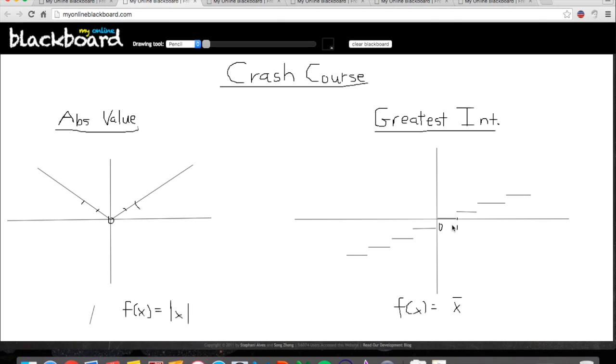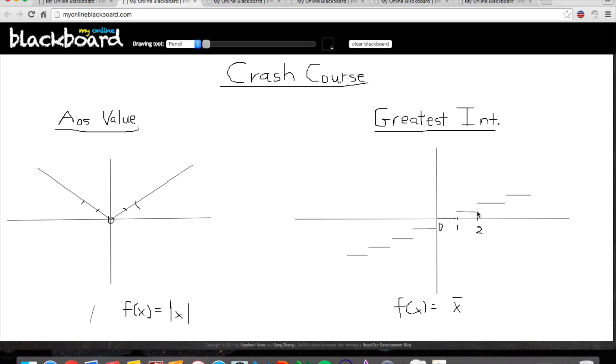The greatest integer up until that point is 0, because at 0.99999 over here, it's not 1 yet. For everything above 1 up until 2, at like 1.99999, the greatest integer up until that point would be 1. So every value here, the greatest integer would be 1.